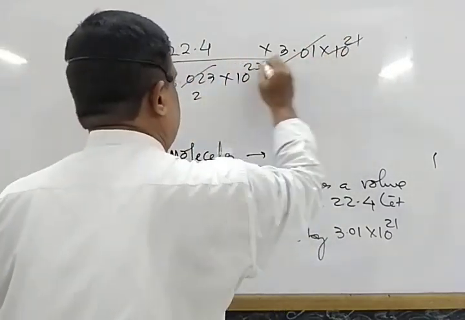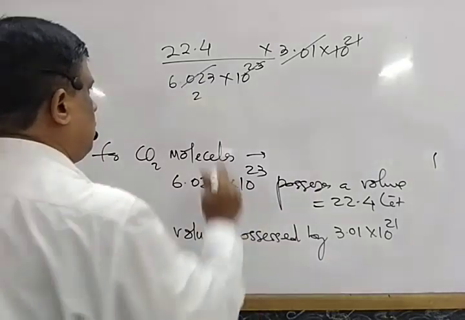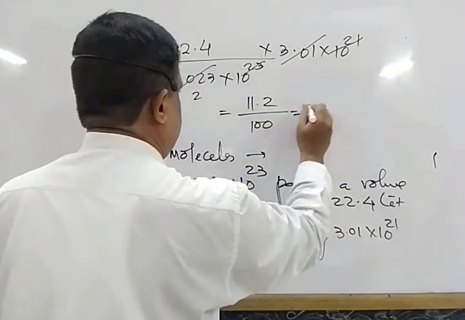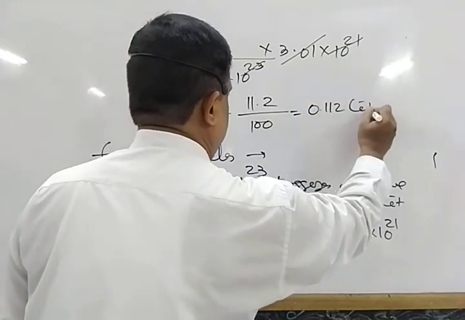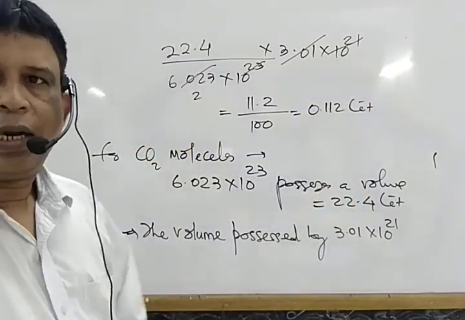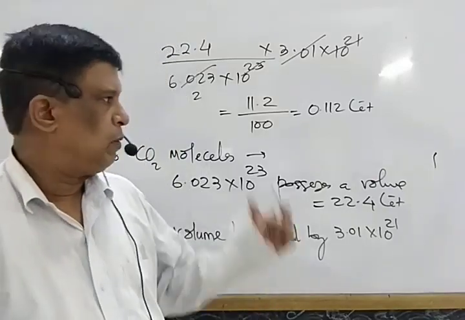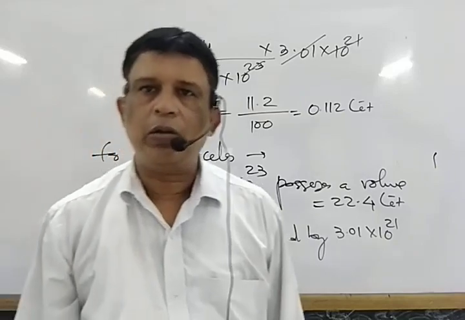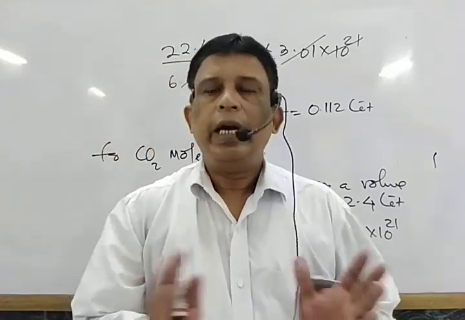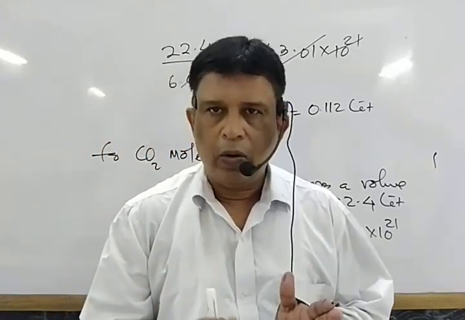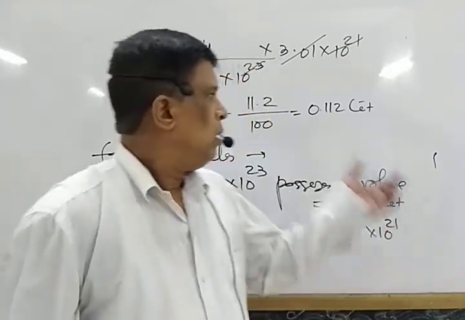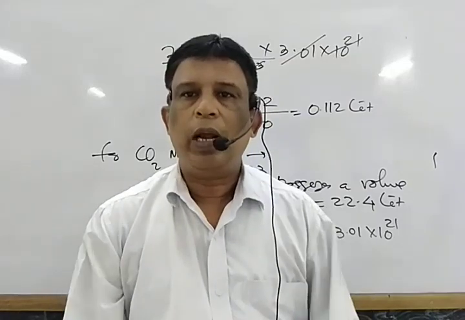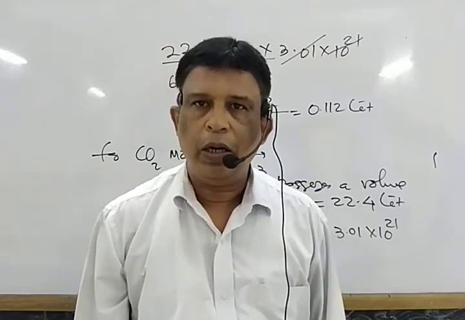Cancel, it is 10 to the power 2. That means 11.2 by 100. This is equal to 0.112 liter. Mark that. Irrespective of the molecule, maybe methane, carbon dioxide, ammonia, oxygen, nitrogen, chlorine, whatever it may be, its GMM, molecular mass, is equivalent to GMV, that is 22.4 liter, equivalent to Avogadro number of molecules.